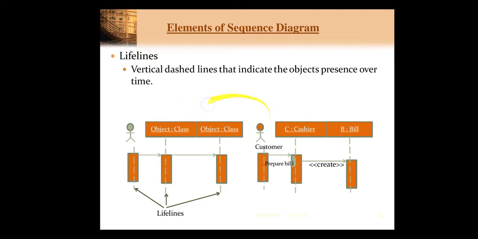This is the second object. Below them also there is a vertical dashed line, and this line is nothing but the lifeline of that object. How much time that object participates in that communication is shown with the help of the lifeline.